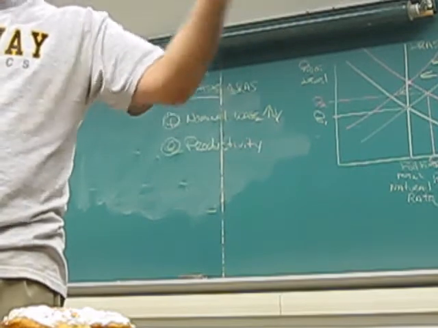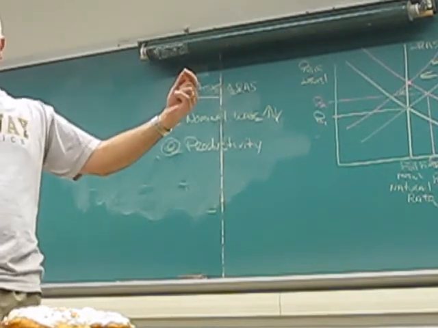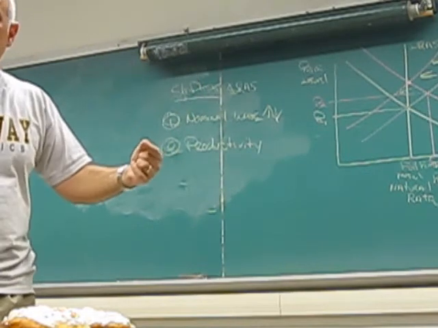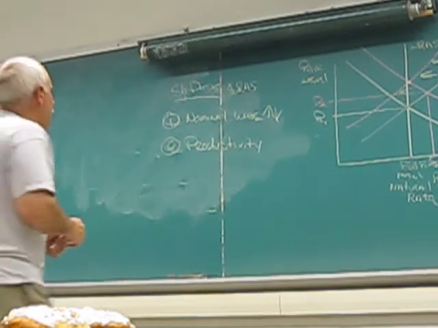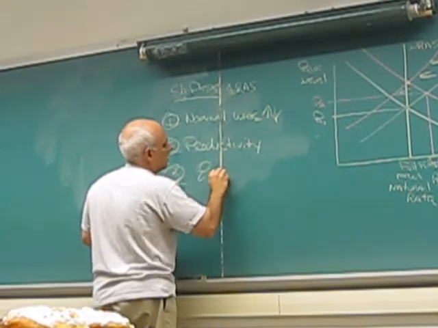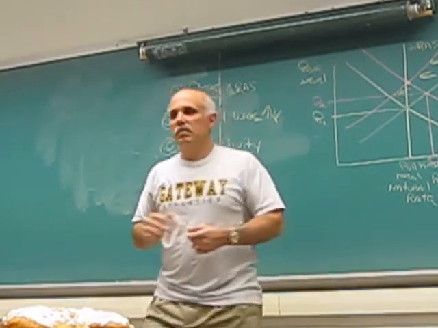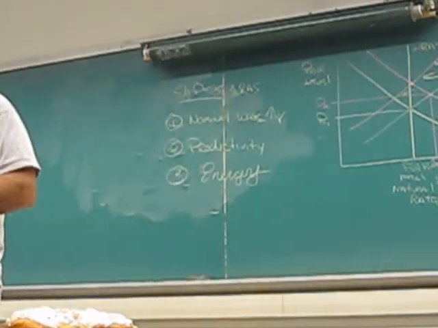If that's true, then your costs go down. If you get less output for the same input, then your costs go up. And the other thing that we said is typically a shifter is energy. Energy costs, right? Oil prices.